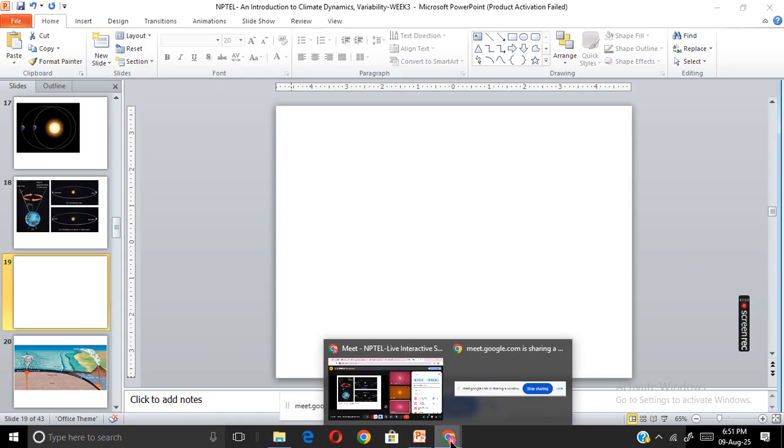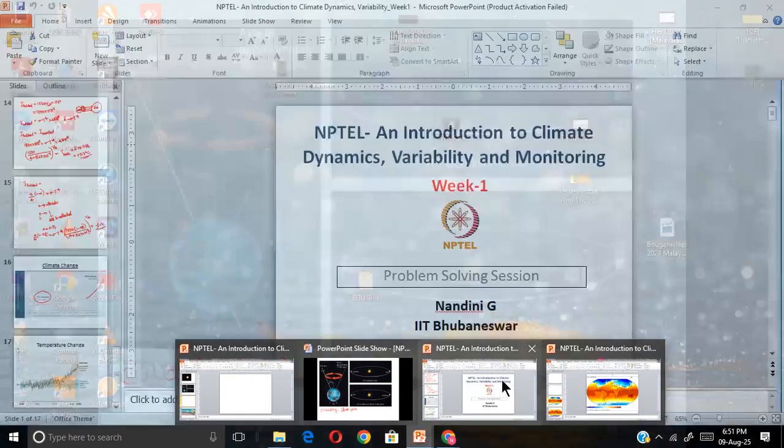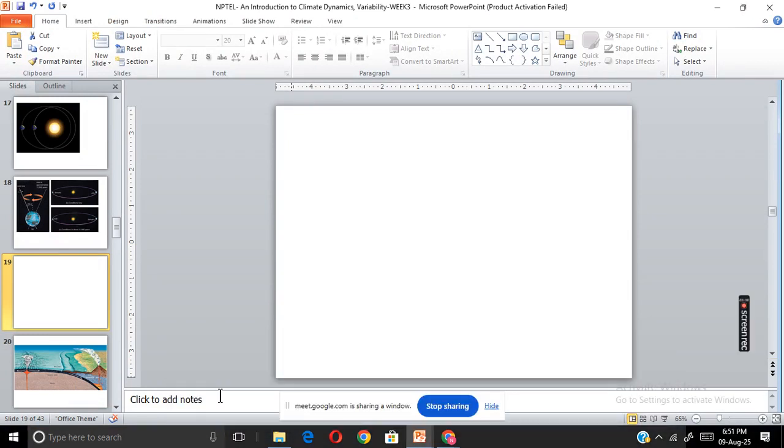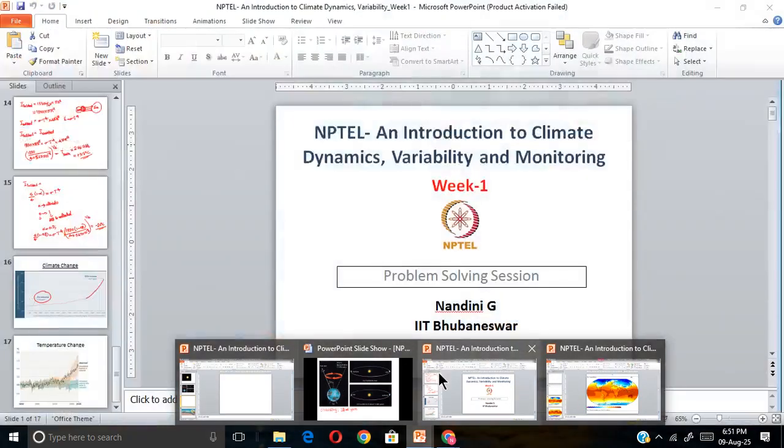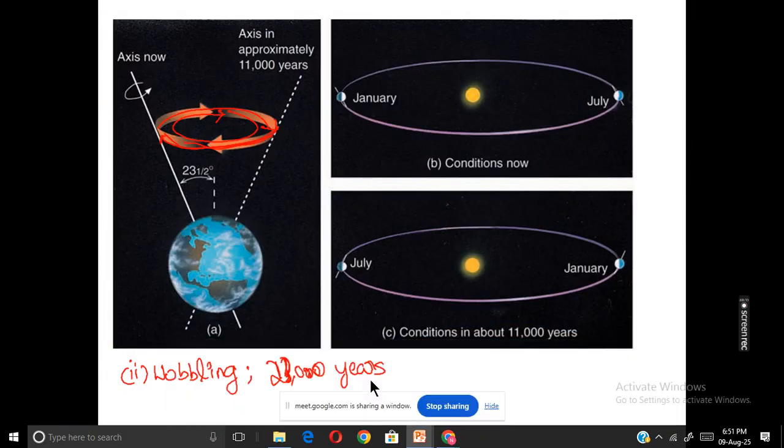That is known as the change in the axial tilt of the Earth. We know the axial tilt of Earth is around 23.5 degrees, right?